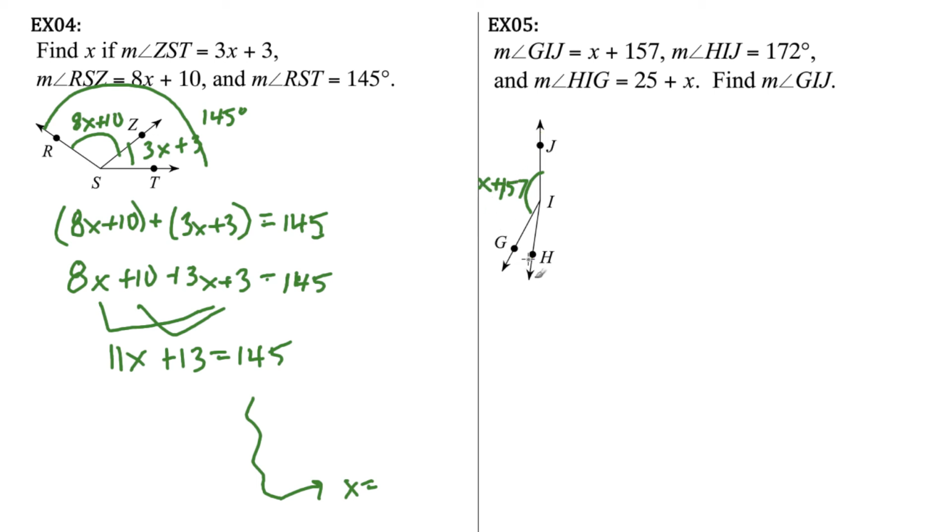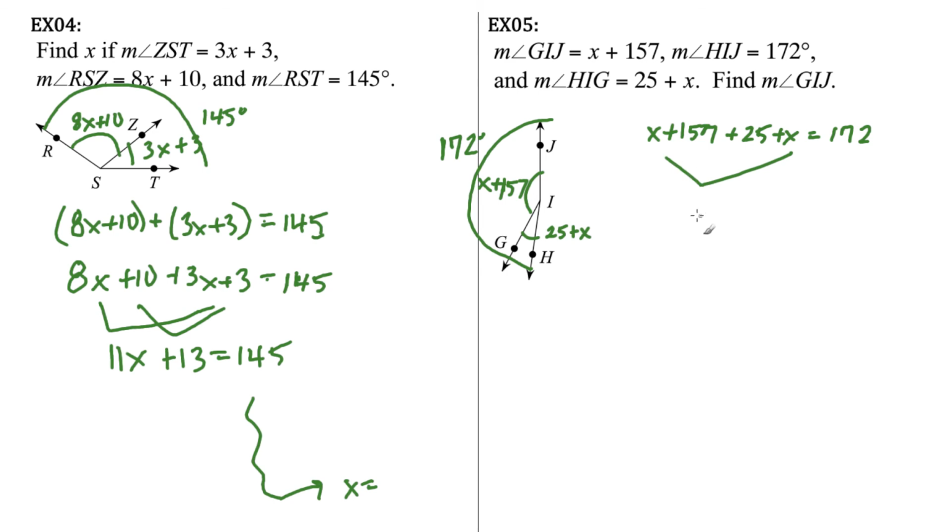HIJ is 172 degrees, and HIG, with a little one, is 25 plus x degrees. So we know that x plus 157 plus 25 plus x will give me 172 degrees.